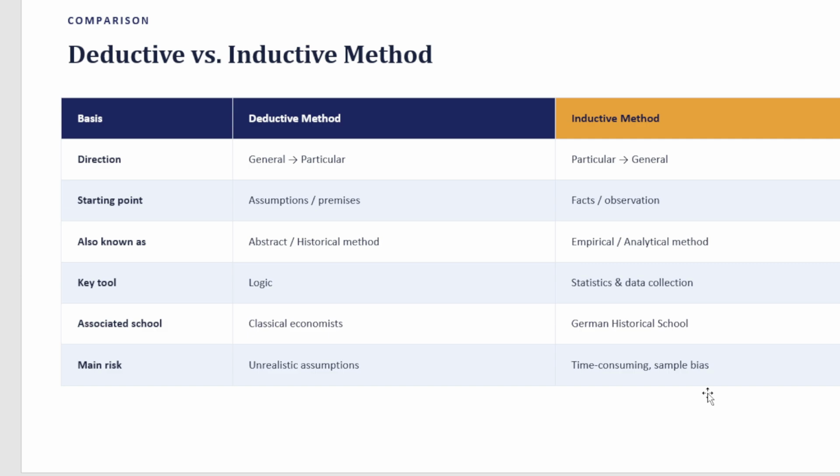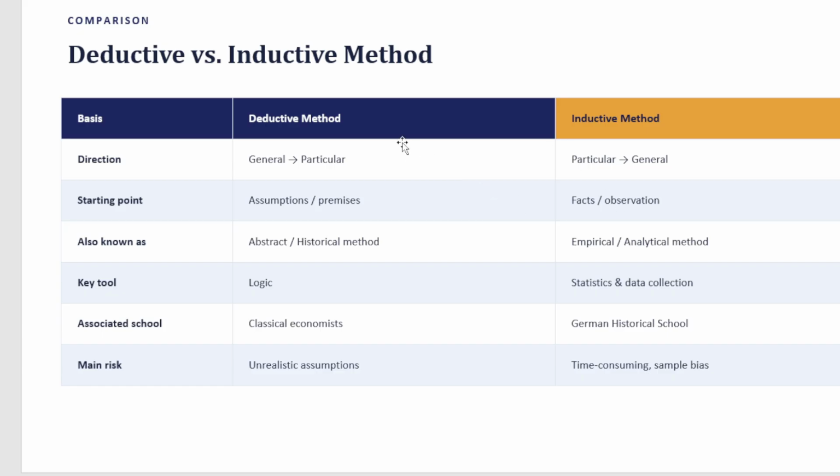Then the comparison between deductive and inductive method. First of all, as I already explained, the direction of the analysis in the deductive method is general to specific, and in the inductive it is particular to general. Then the starting point: this starts from the assumption and this starts from the observation.